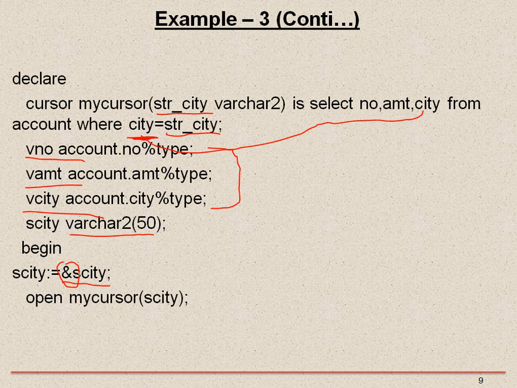Then opening this cursor: open cursor name, this time with a parameter. So whatever value the user inputs, this value will be passed as a parameter to this cursor. This parameter is ultimately passed to the cursor, and based on this sct the select query will be fired.